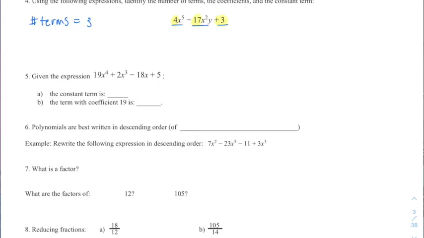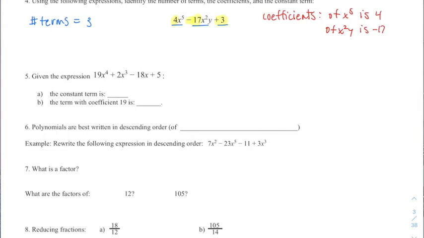Okay, so I actually have 3 coefficients here, and if you've looked closely, I've actually done something wrong. Okay, the sign always goes with the coefficients. So in this case, we're going to write down that the coefficients here, okay, so the coefficient of x to the 5 is 4. The coefficient of x squared y is negative 17.